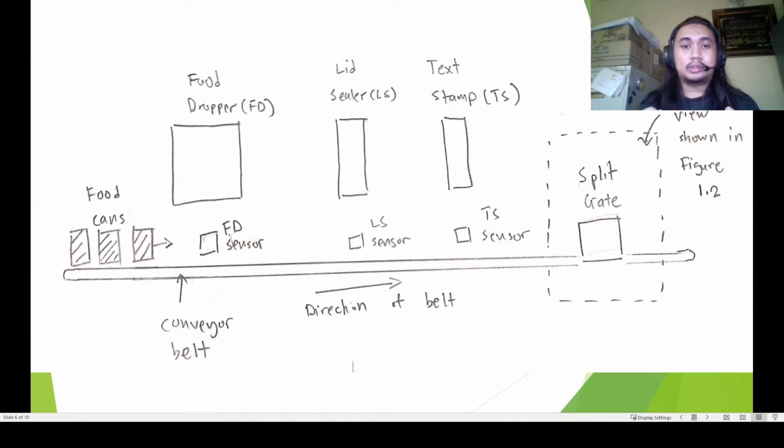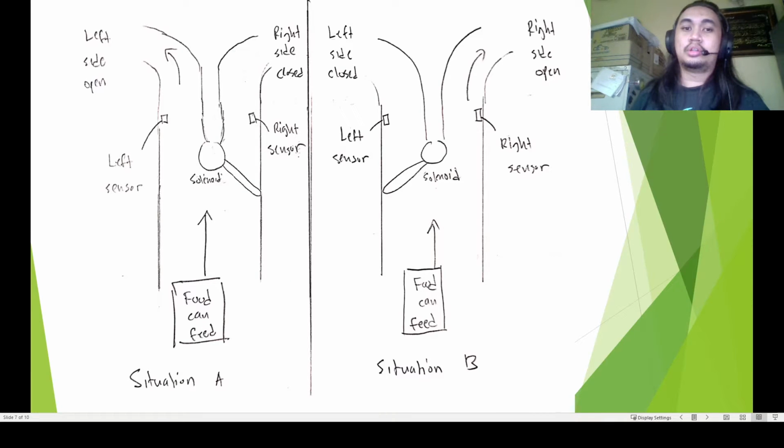And then moving on to the split gate. For the split gate, my plan was to increase the efficiency of the production line. What I mean by increasing efficiency is that since most of the time it's always a single line of produce, I plan on putting a solenoid in the middle of these lines here.